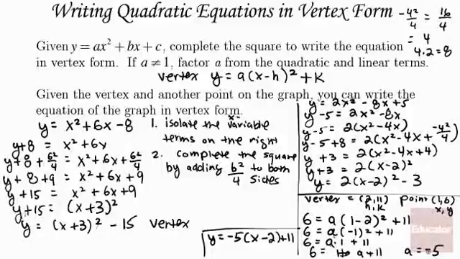And here I found that a equals negative 5. So now I have h, k, and a, and all I need to write an equation in vertex form is h, k, and a. So if you're either given the quadratic equation in standard form or you're given the vertex and a point on the graph, either of those is enough to rewrite the equation in vertex form.